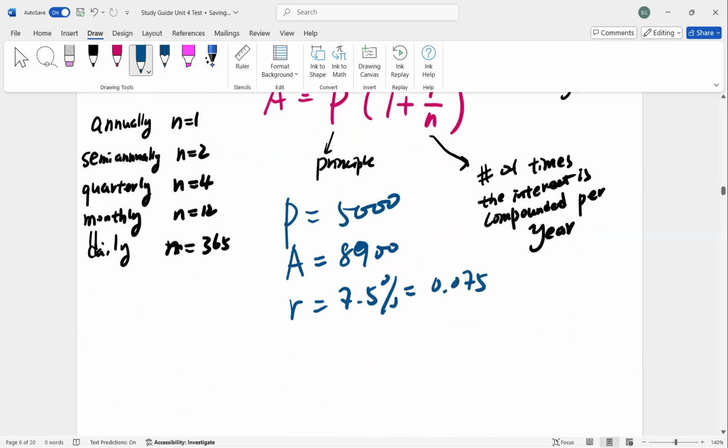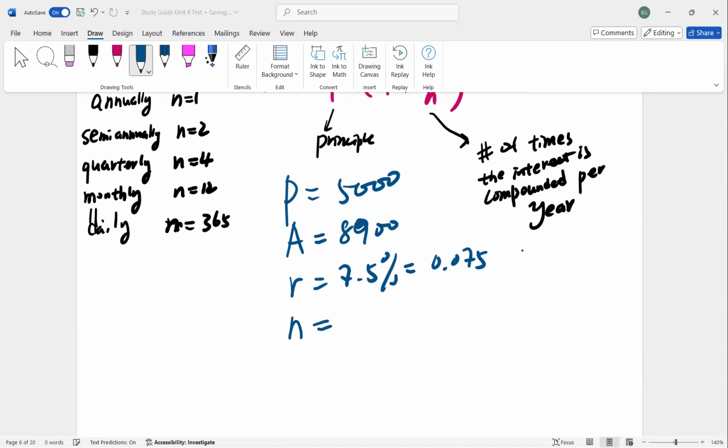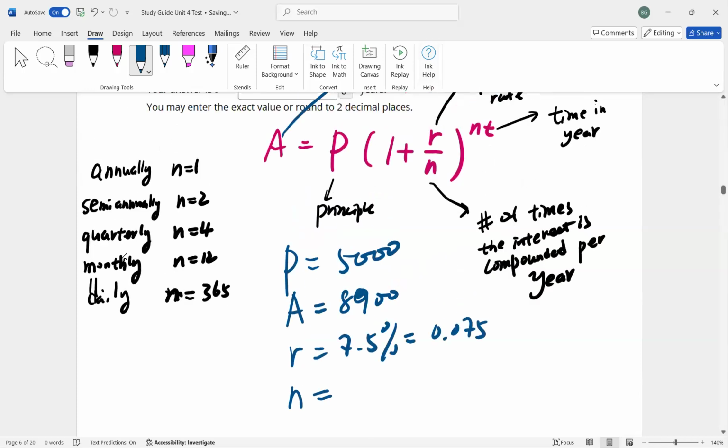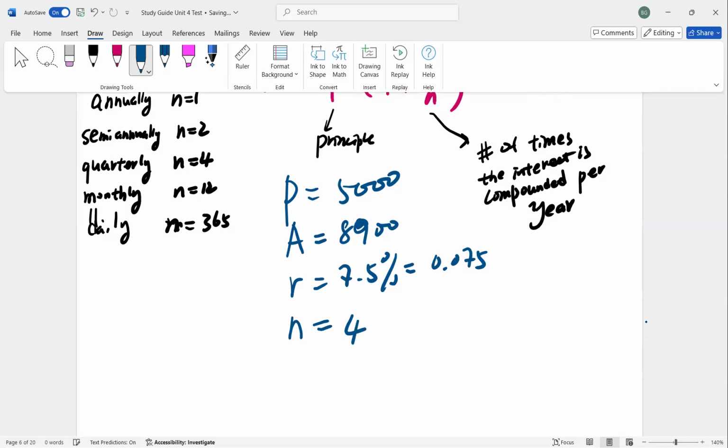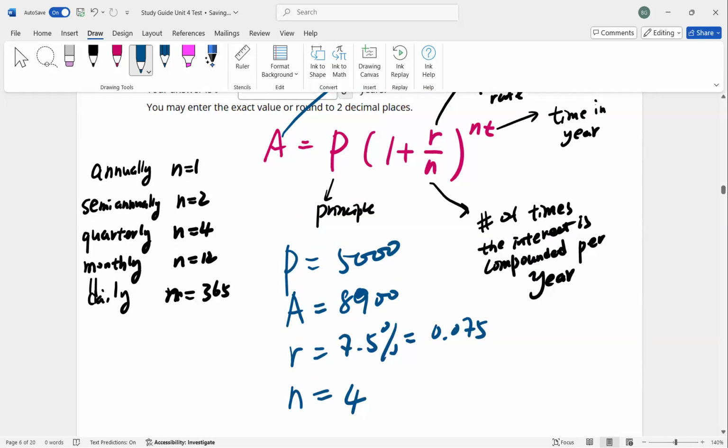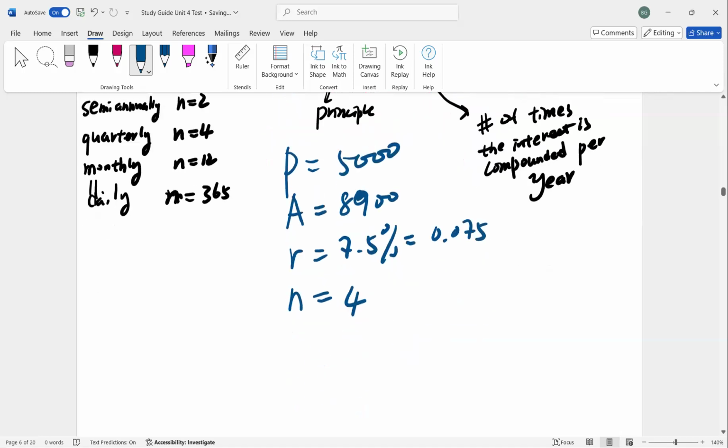Compounded quarterly, n is what? Can you tell me? If the interest is compounded quarterly, what's the value of n? 4. Yeah, exactly. So 4. Look at the formula: we have A, P, r, and n. We don't have t, so t is the variable we are trying to solve. Since t is unknown and appears in the exponent, the equation is an exponential equation, an exponential growth model.